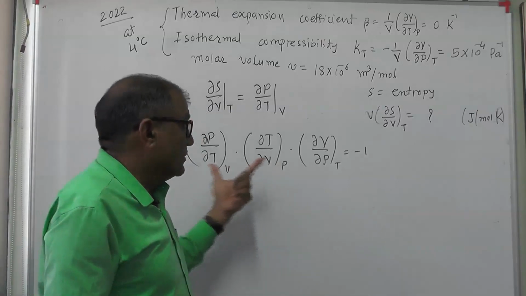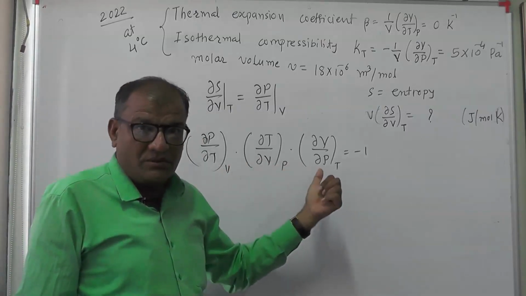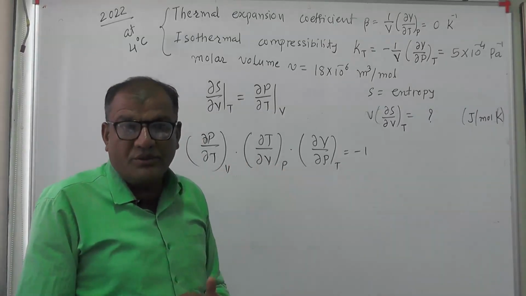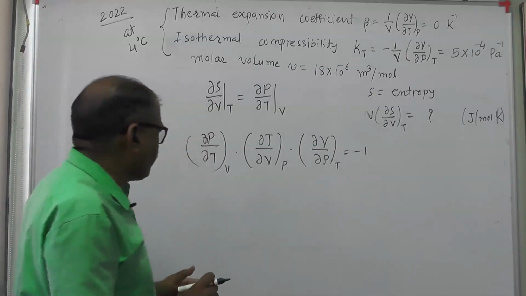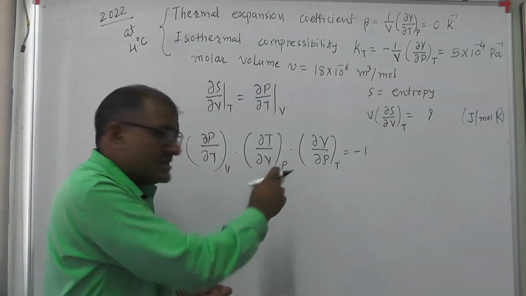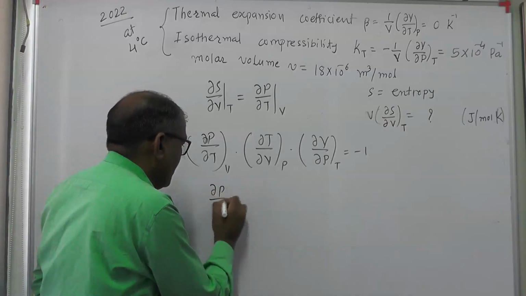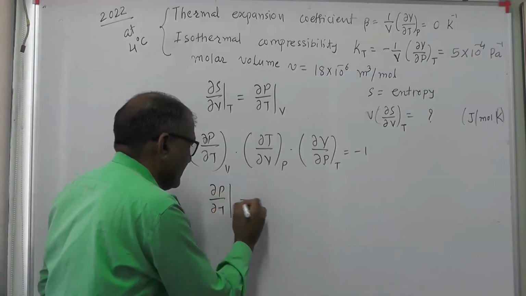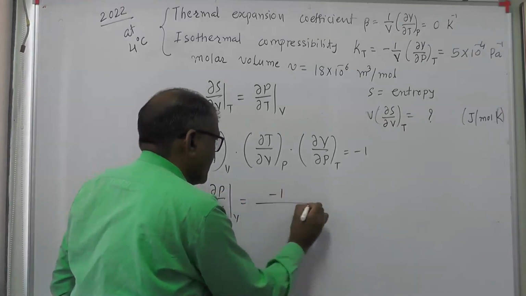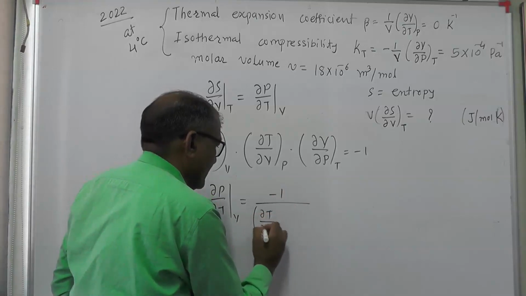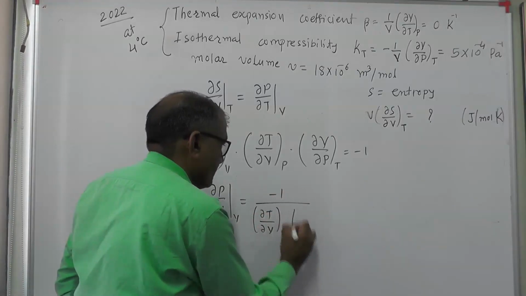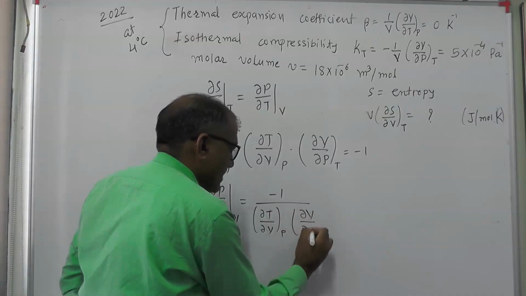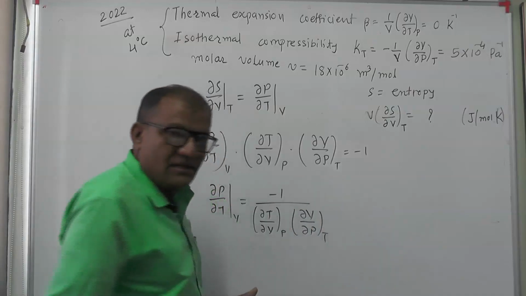If you want details about this equation, go to the video of cyclic relation. If I rearrange this equation, del P over del T at constant V would be minus 1 over del T over del V at constant P, into del V over del P at constant T.